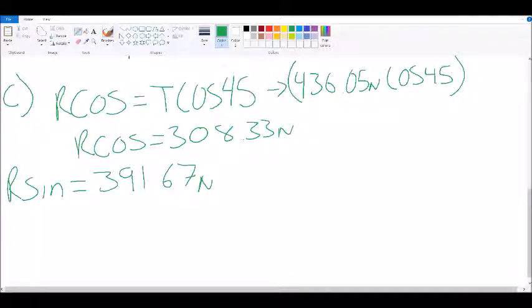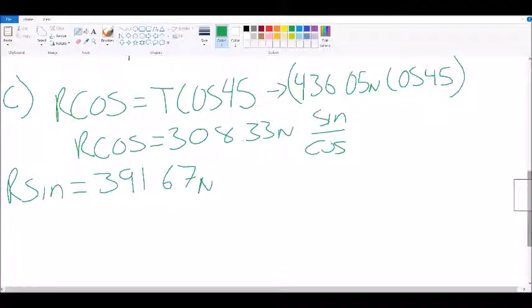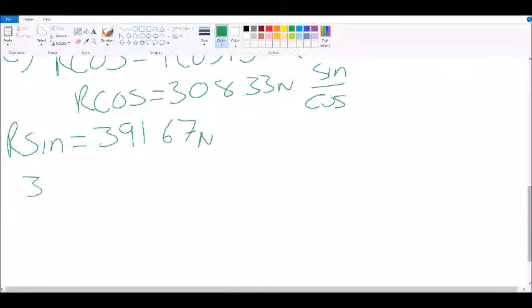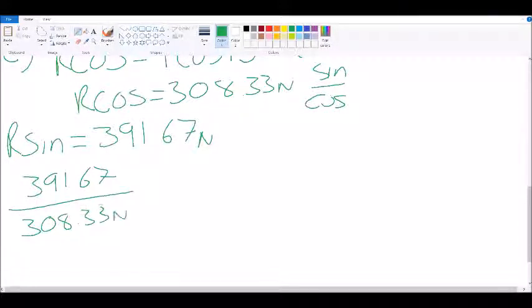391.67 newtons. So now that you have this, you're going to take the ratio to find tangent so that we can find the actual R. So we know that tangent is just sine over cosine. And in this case, we're going to be taking sine, which is 391.67, over the cosine, which is 308.33 newtons.